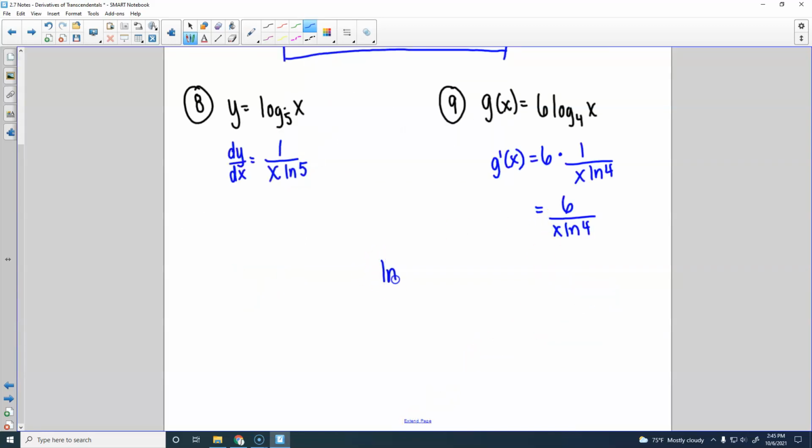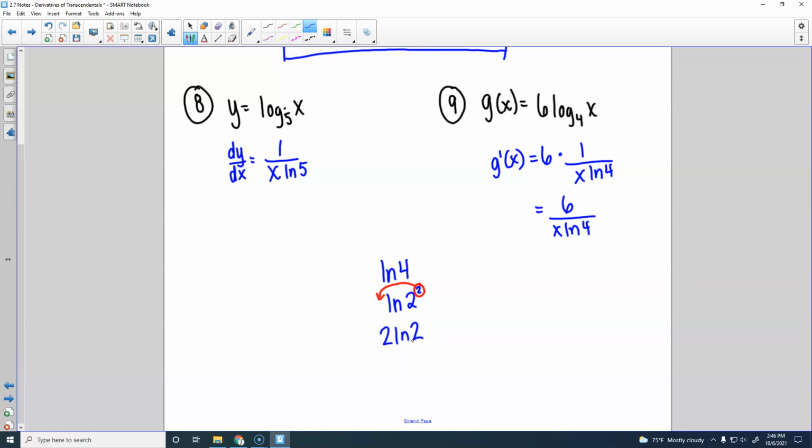All right, natural log of 4 could be written as natural log of 2 squared. Because properties of logs tell us what can we do with our exponent. Pull it out as a coefficient. 2 natural log of 2.